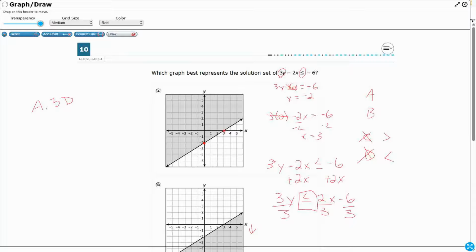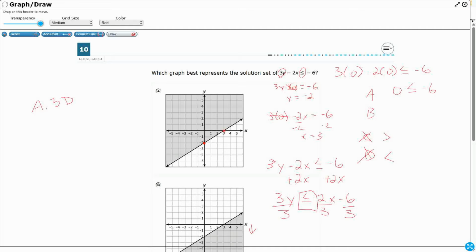Now, if we want to test this, we can just plug in 0, 0 and see if that's going to be in the solution set. So 3 times 0 minus 2 times 0 less than negative 6. So 0 minus 0 is 0. Is 0 less than negative 6?